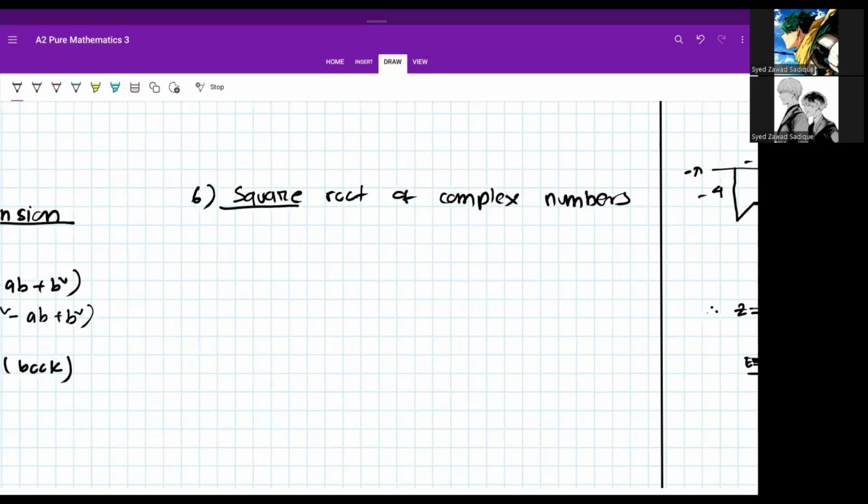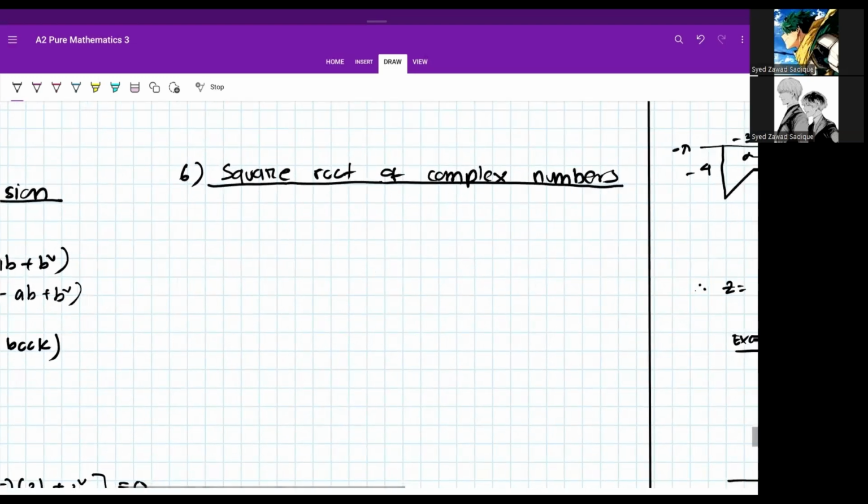Now, let's say, for example, find the square root of minus 2 plus 2 root 3i.